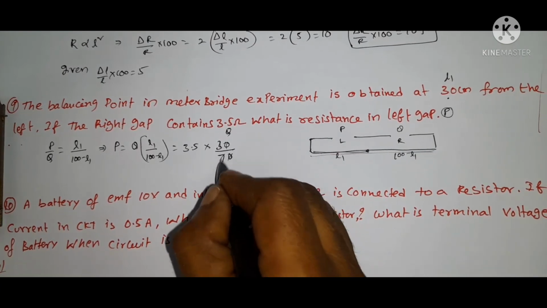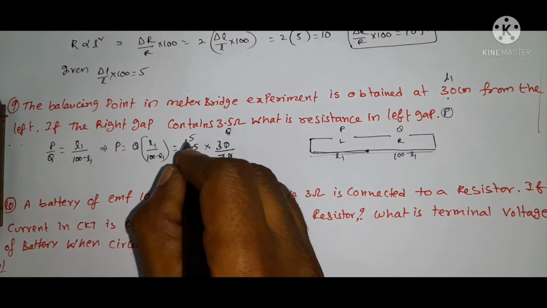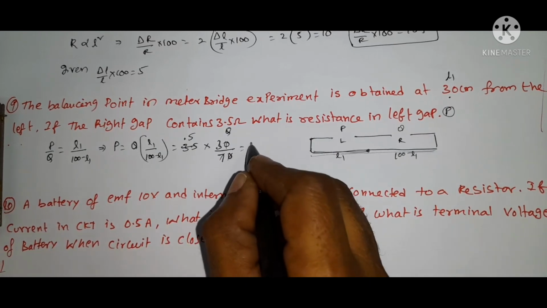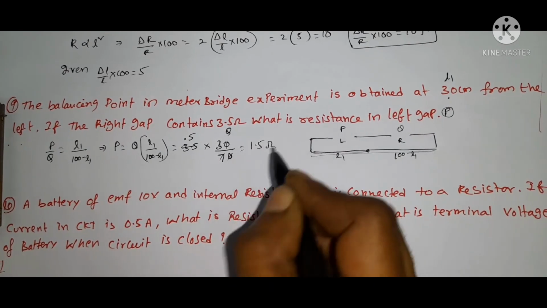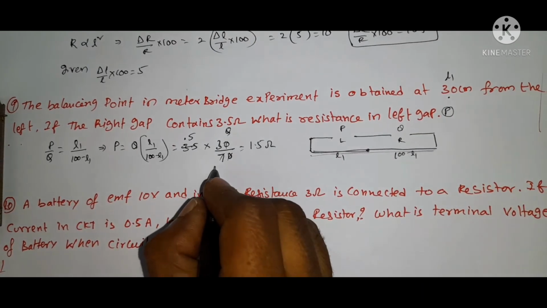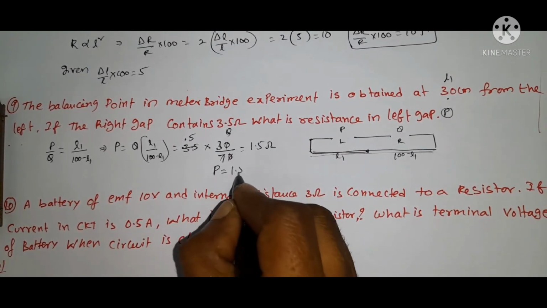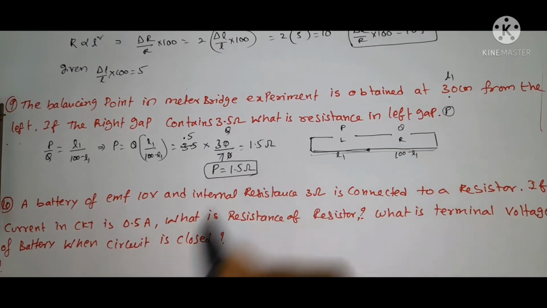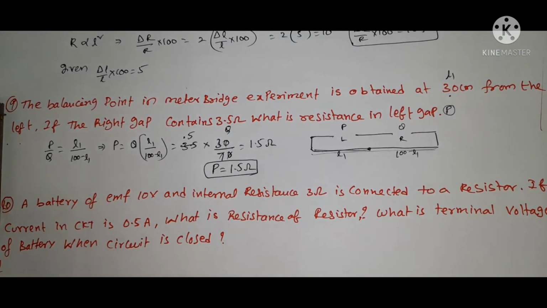The zeros cancel, 7 fives are 35, and 35 divided by 7 times... the result is 1.5 ohms. So the value of the left gap resistance P is 1.5 ohms. This is the problem solution.